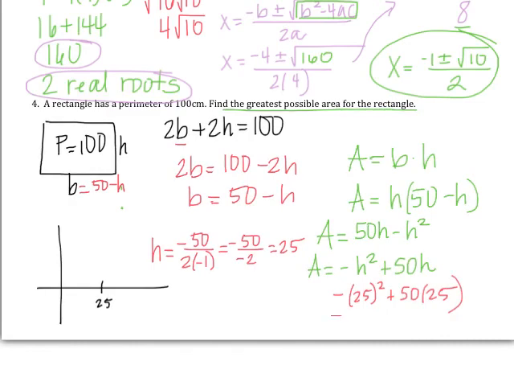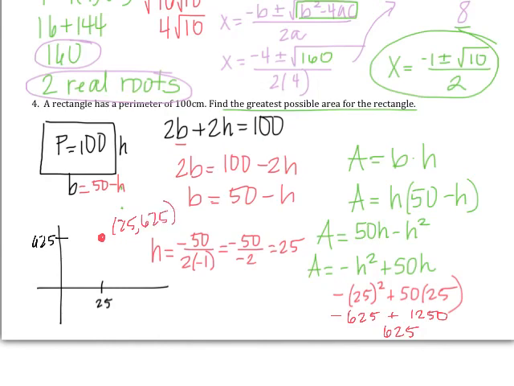So this would be negative 625 plus 1250, which would give us 625. So that means that, just doing a rough sketch, the vertex of my parabola is at 25, 625.